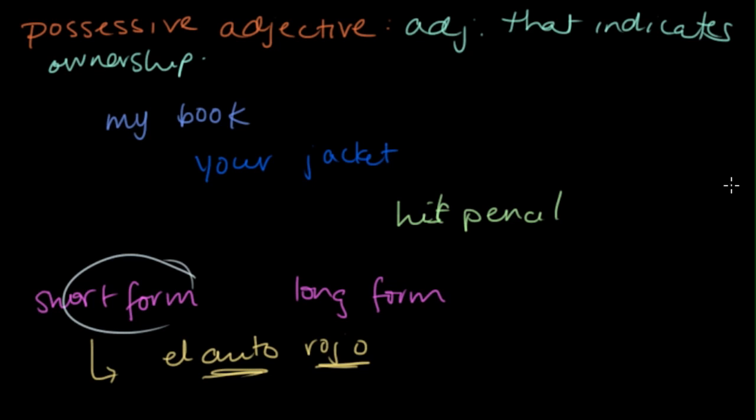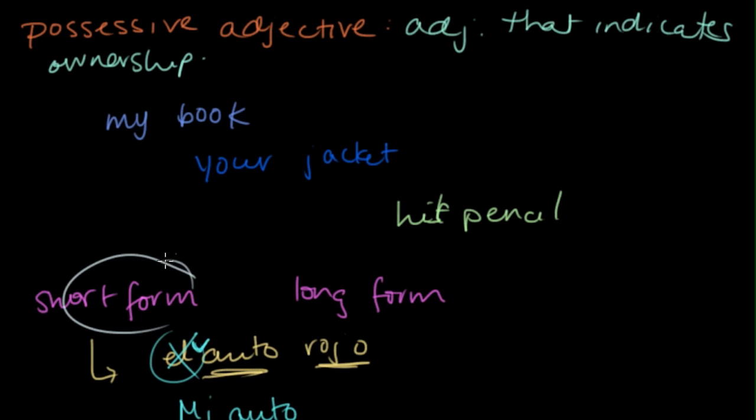But with our short forms of possessive adjectives, they're actually going to come before the noun, so right in here. And you get rid of the definite article. So, to say my car, you would say mi auto. You don't need the article, and the adjective comes right before the noun it describes.